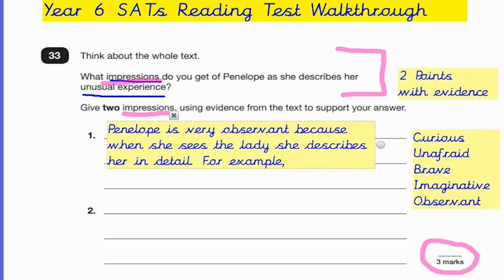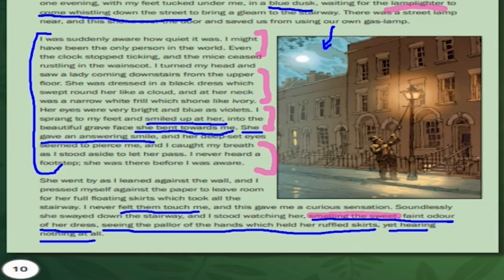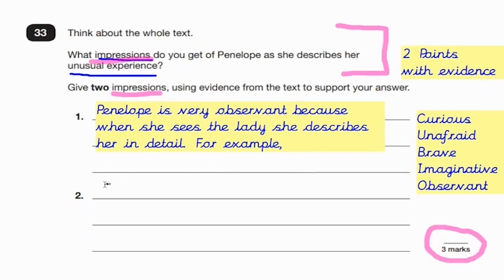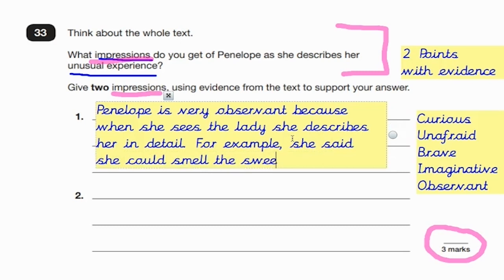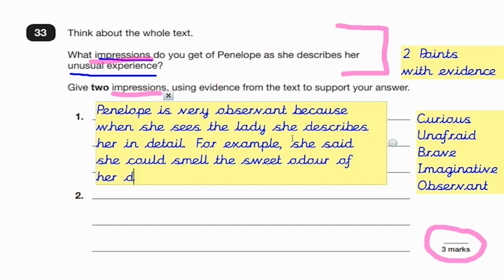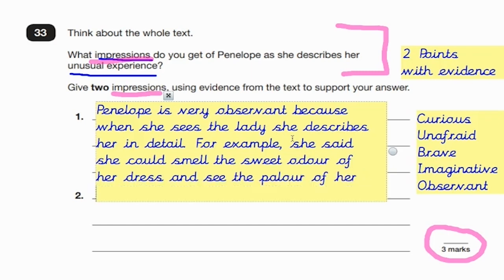What does she describe? So she talks about here smelling the sweet, faint odor of her dress and seeing the pallor of her hands. Let's use some of that evidence in the text. So, for example, she said she could smell sweet odor of her dress and see the pallor of her hands.